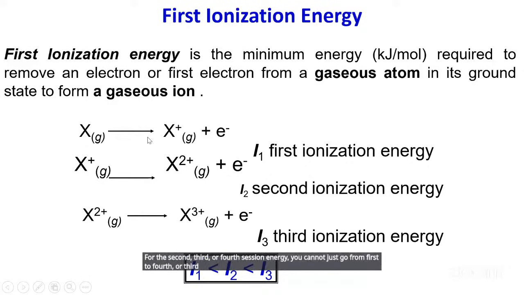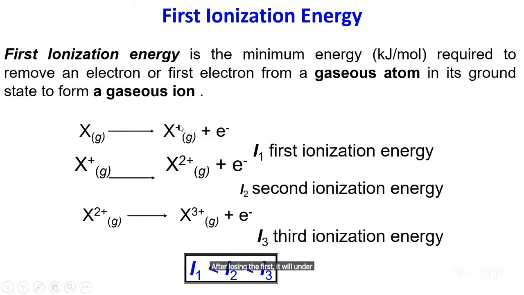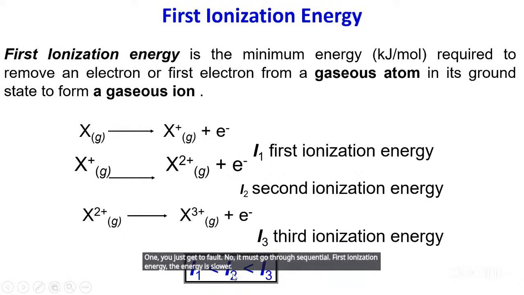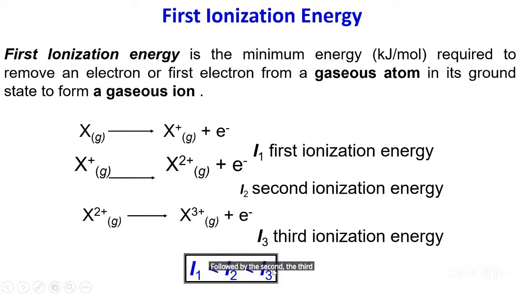It must go sequentially. It must lose the first. After losing the first, it will undergo the second. After the second, it will undergo the third, and so on and so forth. So you cannot just go from one to the fourth. No, it must go sequentially.